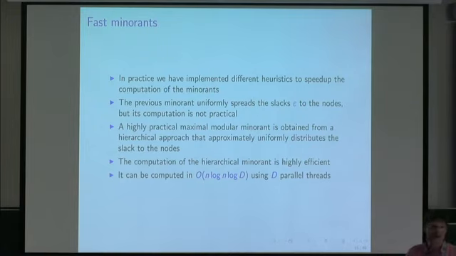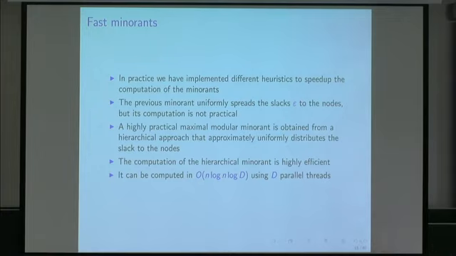This is very tricky, and I think only Sasha really knows the details of how this works, because he tried to optimize all the memory accesses when this is implemented on the GPU, such that you can get the best out of that. But it's highly efficient, so it can be computed in n log d time using d parallel threads. When, for example, you compare this with TRWS, it uses the same number of memory accesses, but is easier to parallelize.